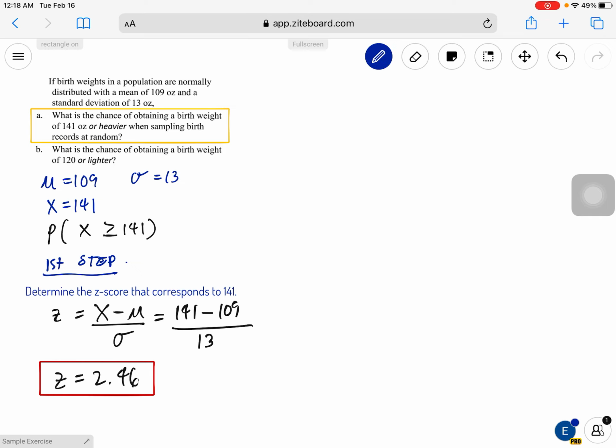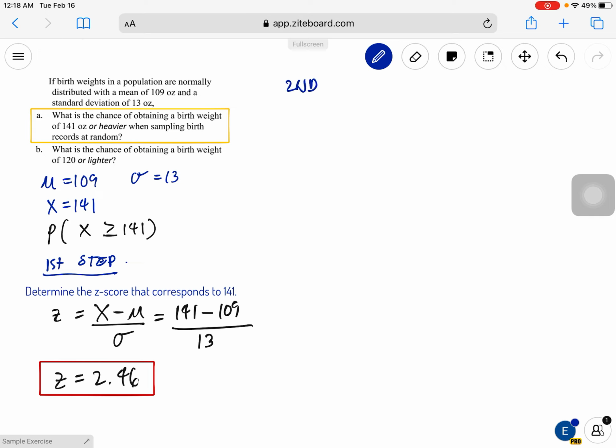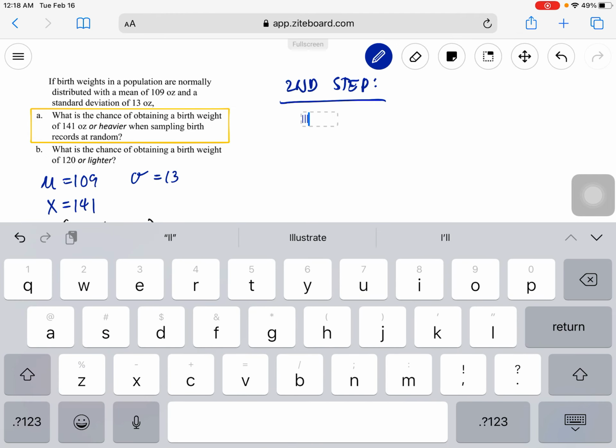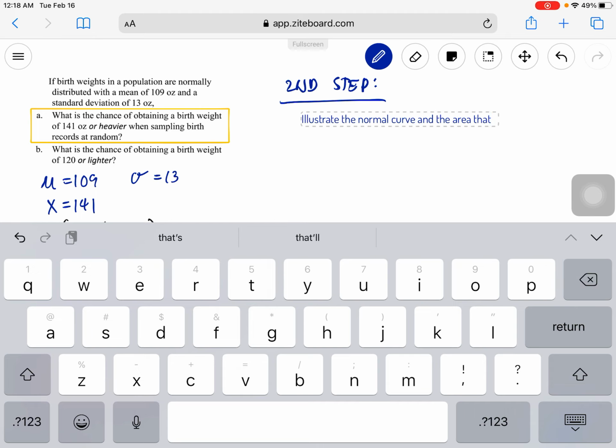Now let's proceed to the second step. The second step is for us to illustrate the normal curve and determine the area that we are looking for.